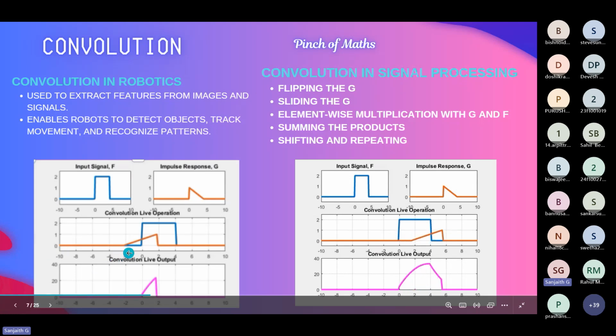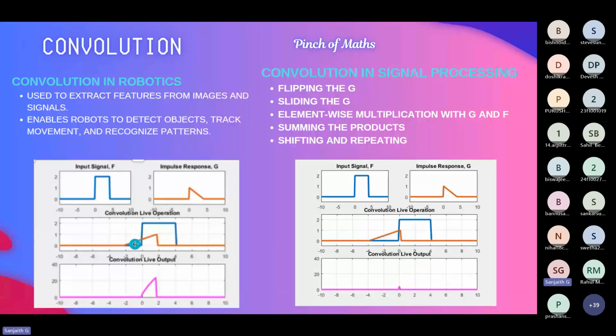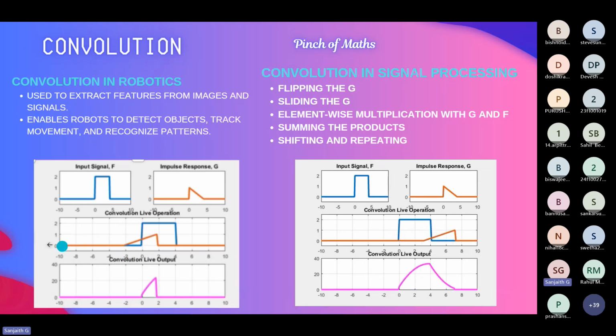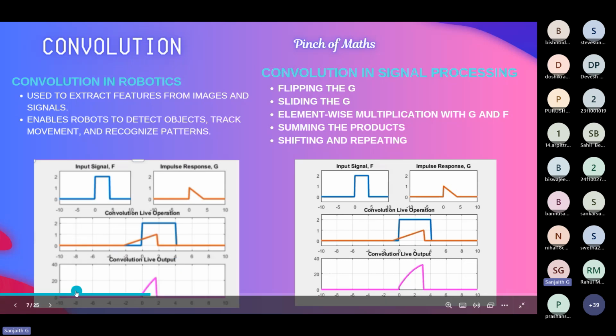So we multiply 0 and 0. Then we move to the next one, -1, where we have 0 and 0.25. Again, we get 0. And at x coordinate 0, the f value is 2 and the g value is 0.5, so we get 1.